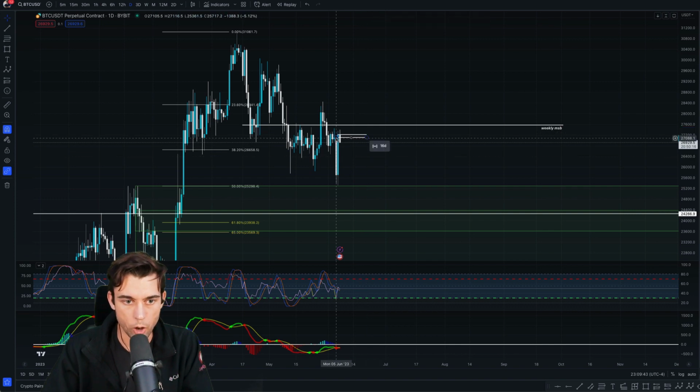So if we take an open, and then we say it opened there and then it closed right there, and everything that happened after the open and before the close is a wick, then technically speaking, this is what this candle would look like if it was put together.